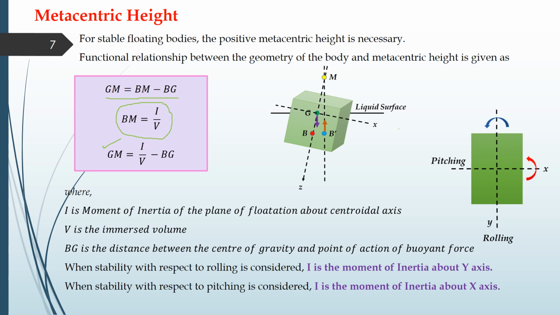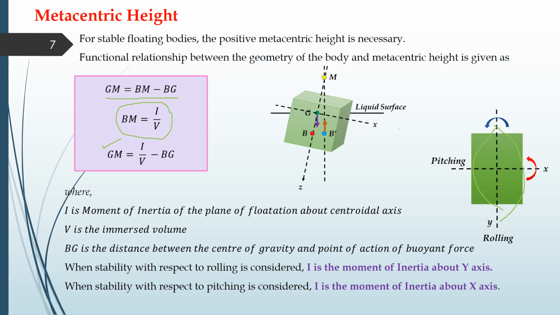If it is a case of a ship, you can assume that the shape will certainly be likewise this. So you can have this kind of a shape for the ship. In top view, if you see the ship, it will be likewise this. So we will have two axes. One is the rolling axis, and the other is along the x-axis, which is called the pitching axis.